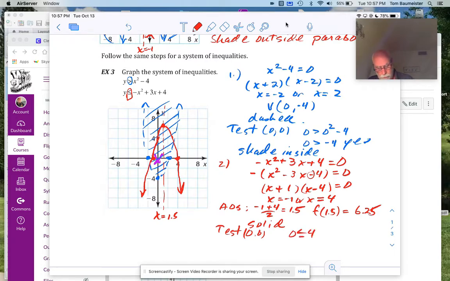All right, I just plugged in that up here again. I plugged in 0 and 0. All right, and is 0 less than or equal to 4? You would tell me yes. So I'm going to do the same thing here. I'm going to cross-hatch it here.